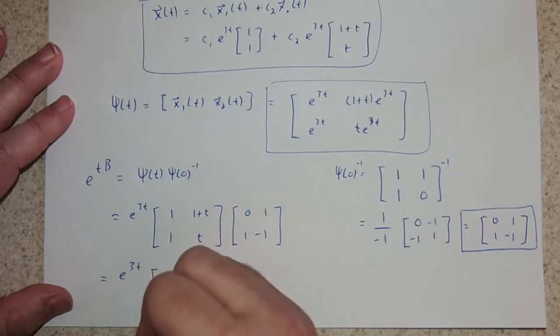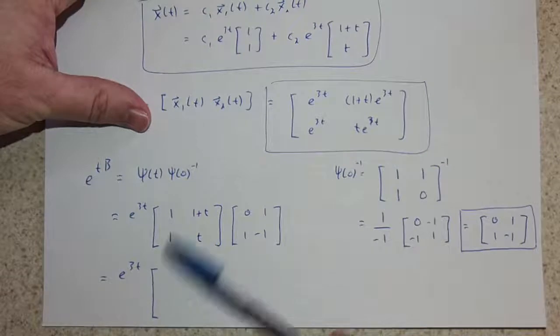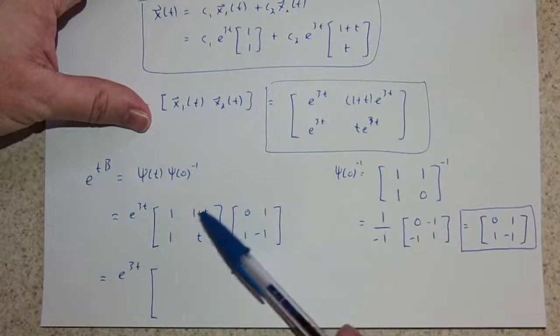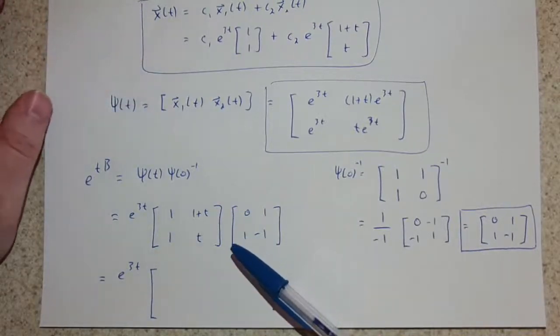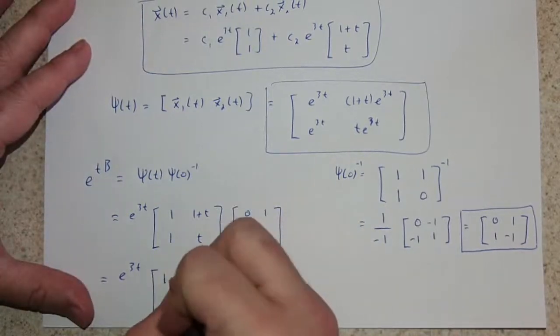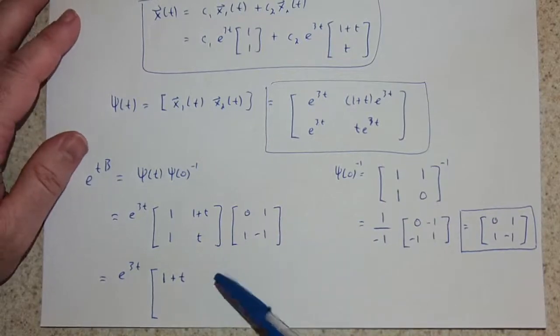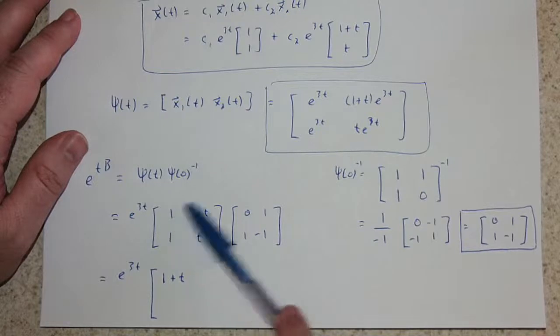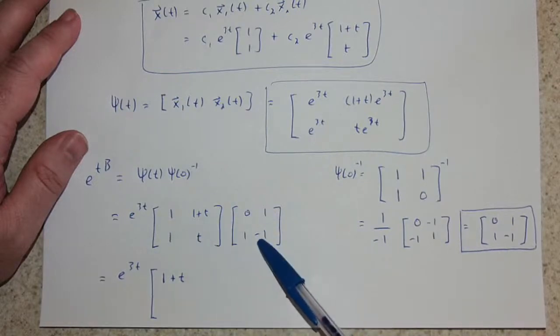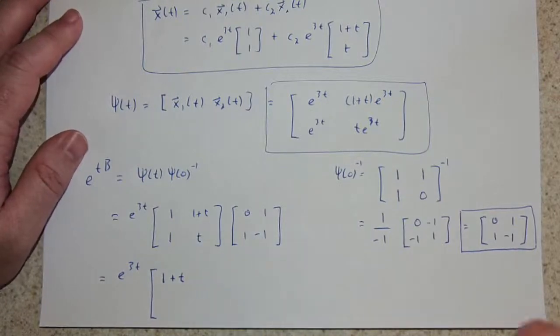First row, first column: 1 times 0 plus 1 plus t times 1, so that's 1 plus t here. In the first row, second column, this would be 1 times 1 plus 1 plus t times minus 1. So 1 minus 1 cancels, and I'm left with minus t here.